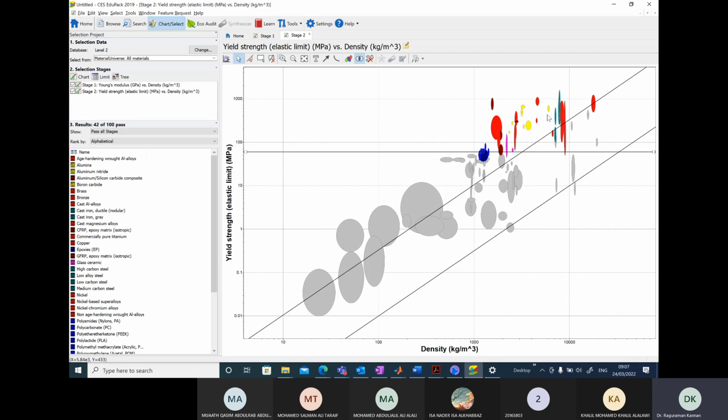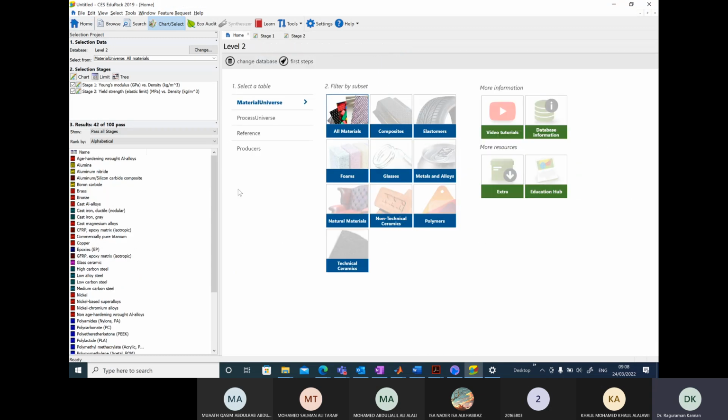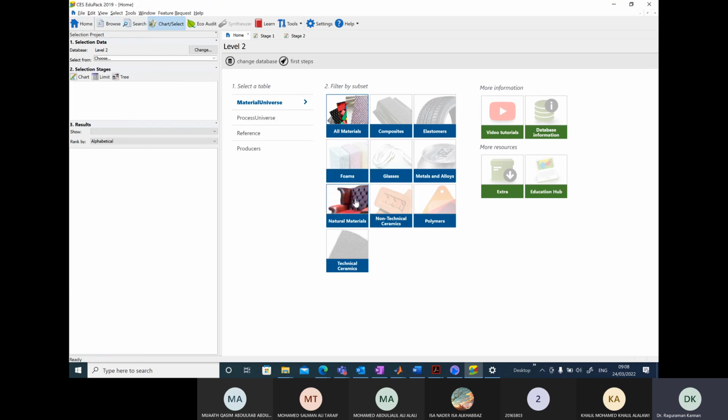Now this particular chart does not give you the list of all the materials. Sometimes we will need a much more detailed analysis specifically for materials. In that case, we need to go and select. Let me start a new project. Save. No, I don't want to save.